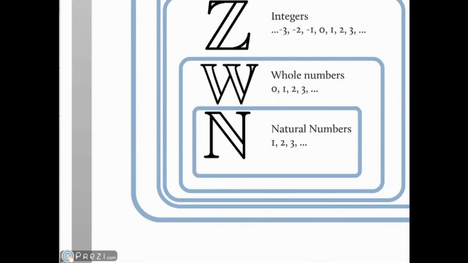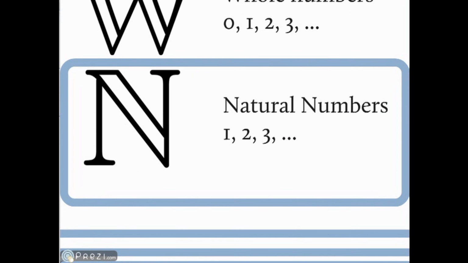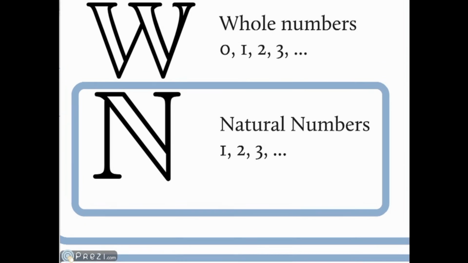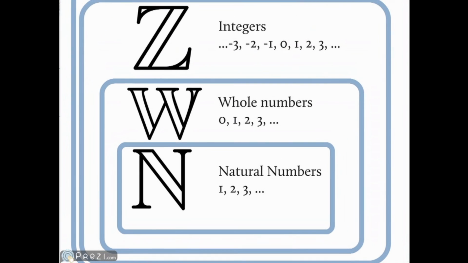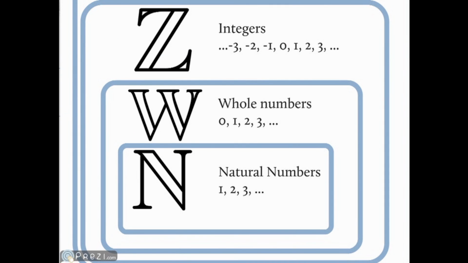Now another way of looking at the real numbers is to look at them in box form here. The smallest set is the set of natural numbers. Next, we have the whole numbers, which include all of the natural numbers, but in addition, the number 0. The set of integers includes all of the natural numbers and the number 0, but in addition, the negatives of all of those numbers.